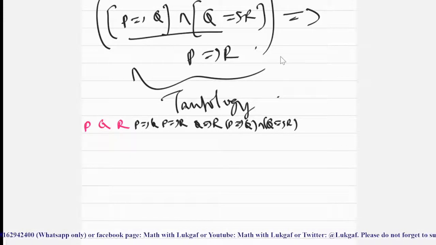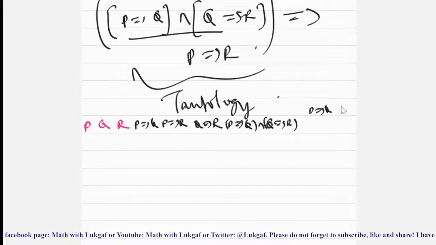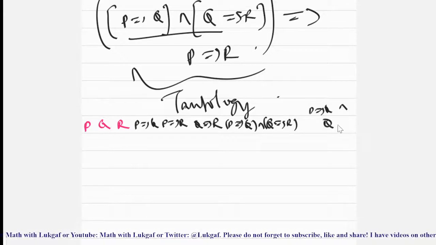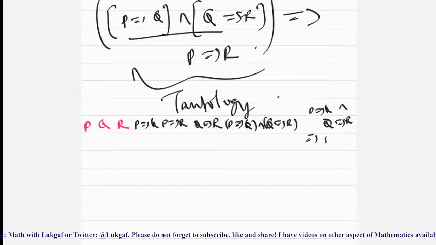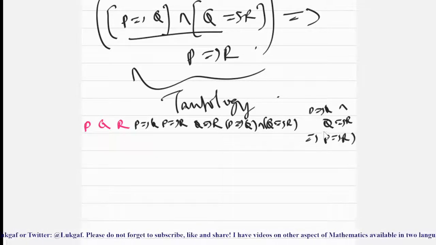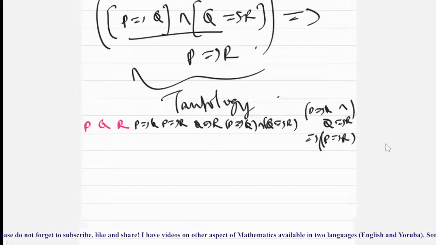So let's take this. Then after that, we can have P implies Q and Q implies R, implies P implies R. If we are able to show that the last one here is a tautology, then the argument is valid. Okay, let us draw our line.